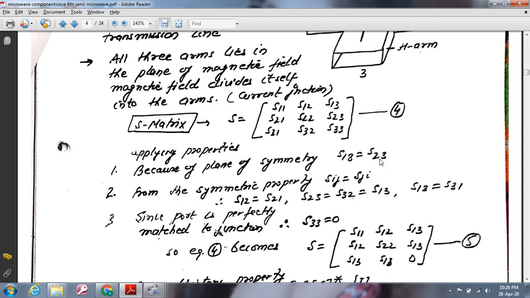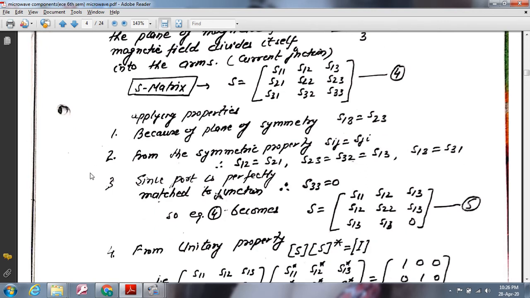So from here, out of these 9 unknown parameters, we have S13 equal to S23. Now second point, from the symmetrical property, as we have studied, Sij equals Sji; this was the symmetrical property of the S matrix.